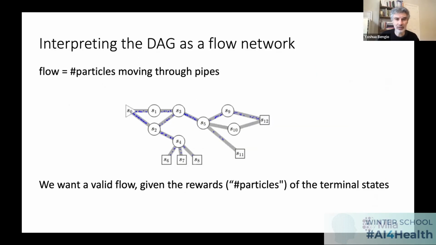And let me use this picture to illustrate what's going on. So we think of generating a solution here as the sequence of transitions. And what you see here is an example of a directed acyclic graph corresponding to all the possible paths in the space of, say, constructing a molecule. And so the squares here correspond to like a final molecule. And the triangle on the left is the initial like empty molecule.